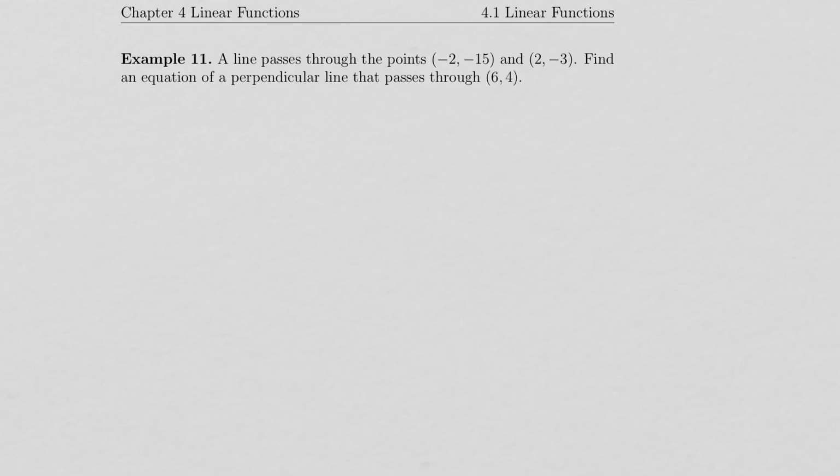All right, so what I need to do first is find the slope of the original line, right? And I can do that because I'm given two points on that line.